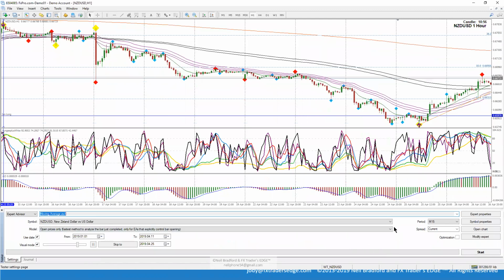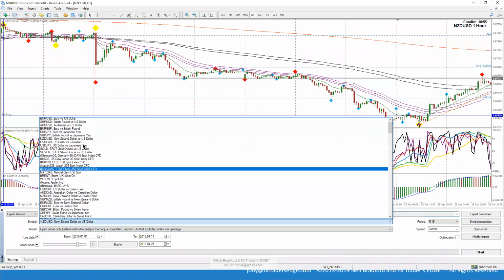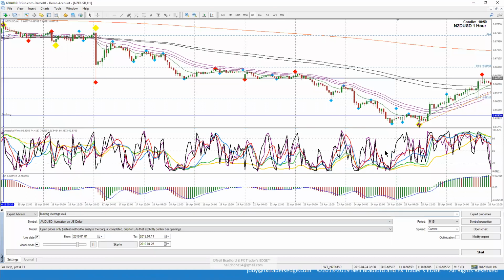So we're going to look at the Aussie, because that's the request in the Skype chat. Aussie US, we're going to look at the 1 hour chart, and we've got to include April the 17th. So let's start at the end of March, and we'll go to today, why not?